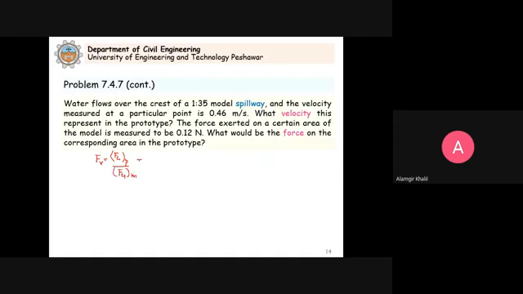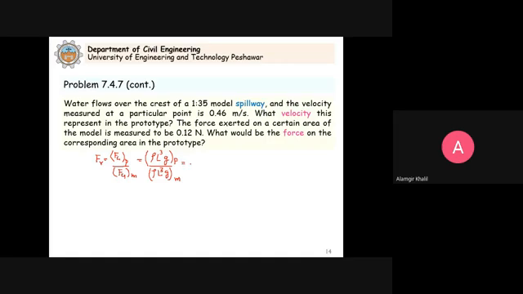So now what are the expressions for the gravity forces? As we already studied in the previous lecture, that is equal to rho L cube into acceleration due to gravity. So this will be for the prototype, and we have the model also: rho L cube into g, and this is for the model.